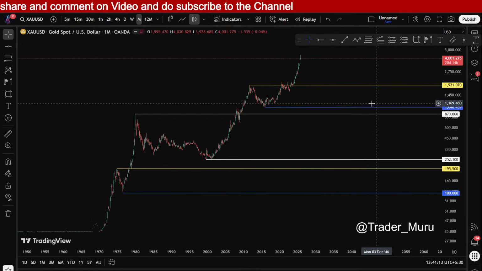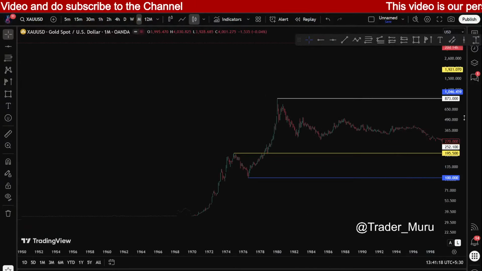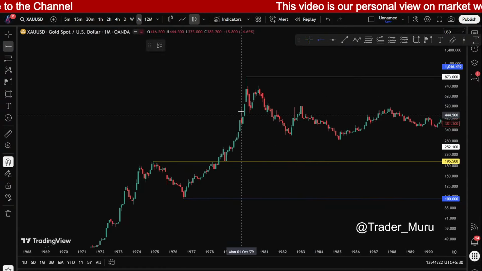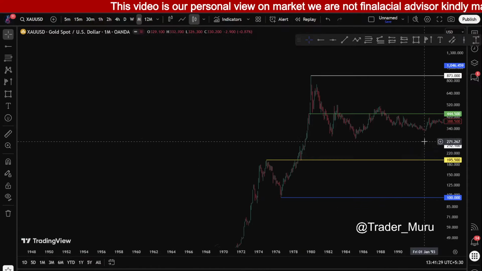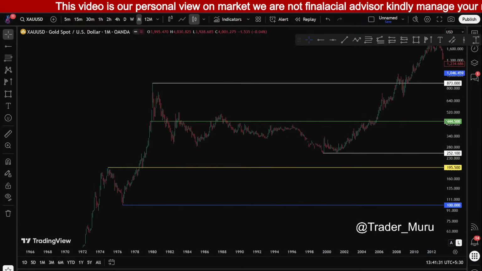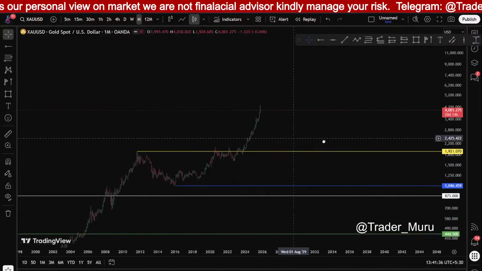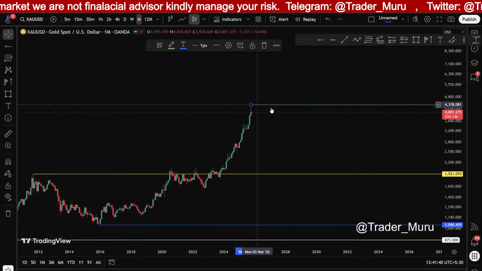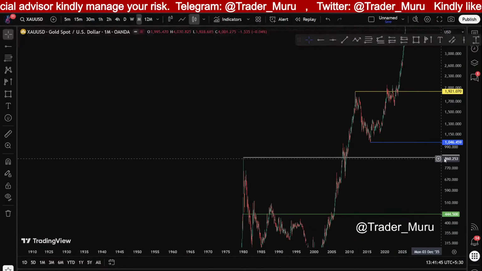See, then after we have this high, which is green. See this, 444, and right now our high is 4300, so near about it.